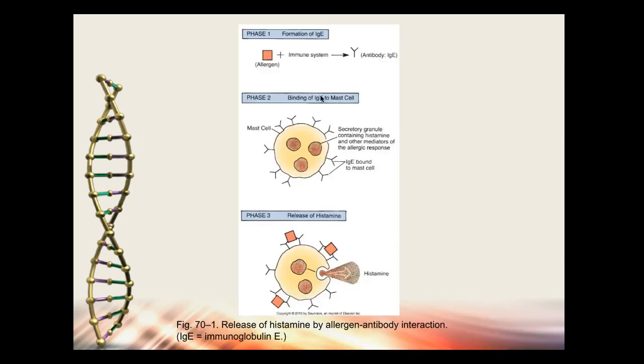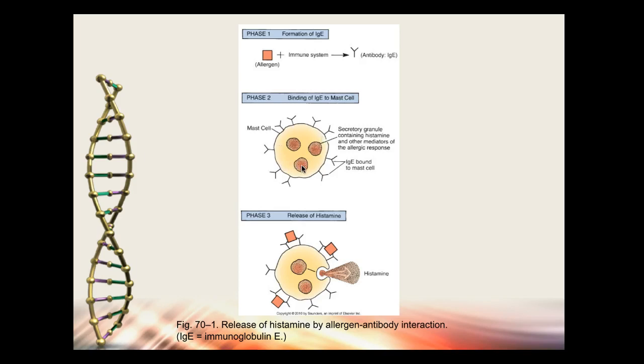Okay, and this is just another way to explain it. So phase one, you have your allergen, let's just say some pollen, then your immune system forms an antibody. All right, so on the last slide, as you saw, the antibodies. So then what happens is the IgE, which is your antibody, binds to that mast cell, which is what that next picture was.